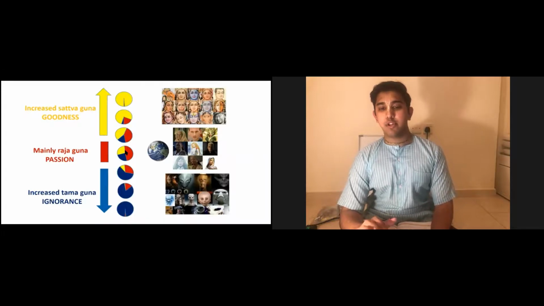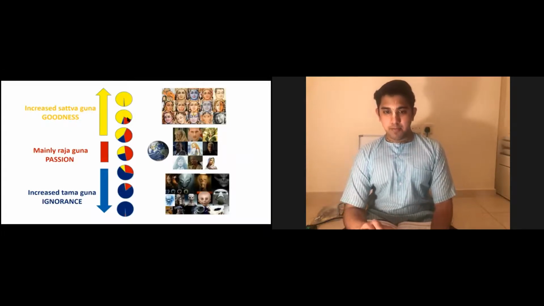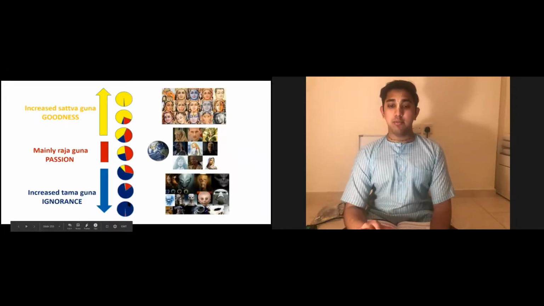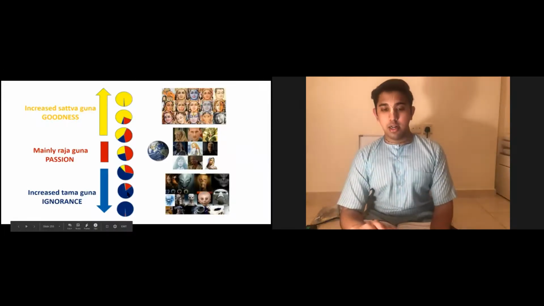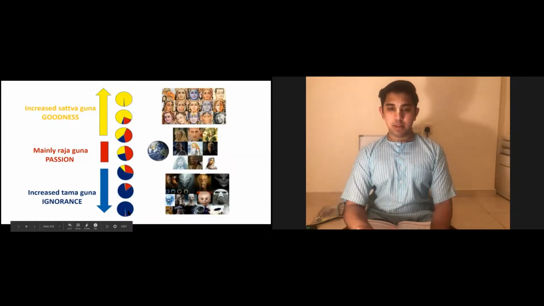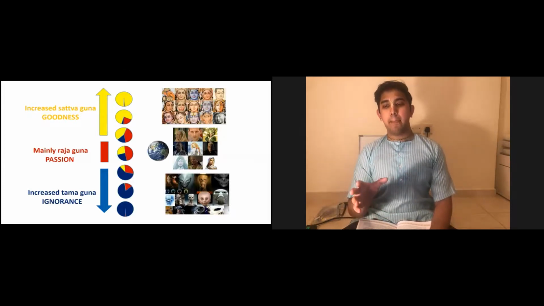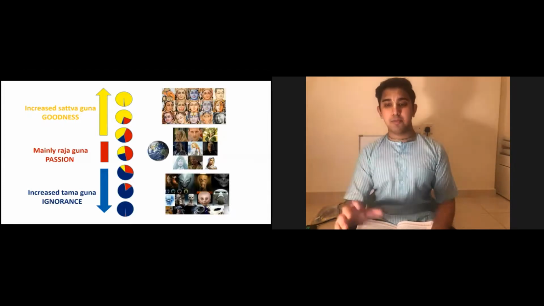And we have an opportunity to increase either the goodness or ignorance. As we go up, goodness increases, and as we go lower, because of the consciousness, the mode decreases. So these different modes are but a result of our own consciousness.